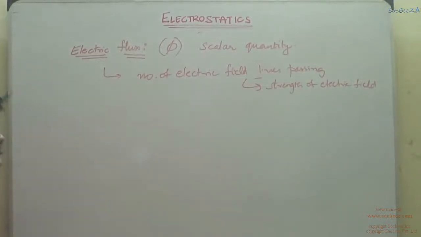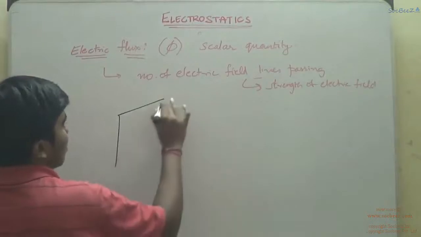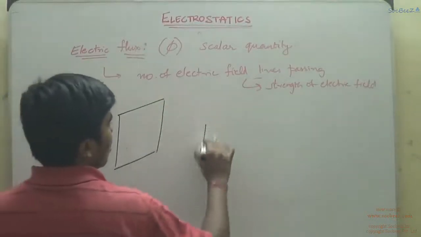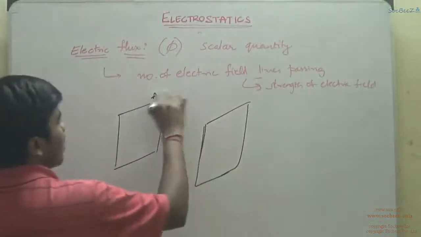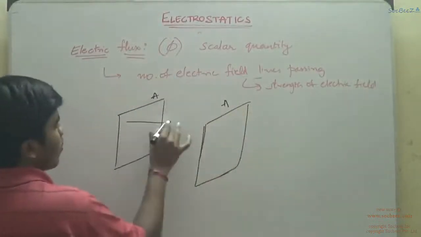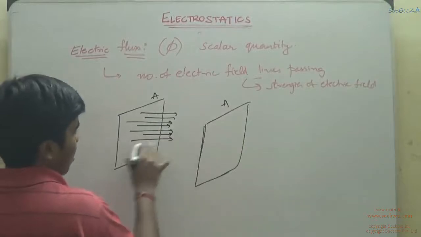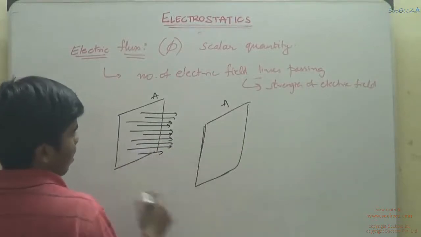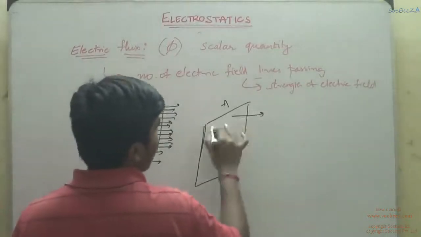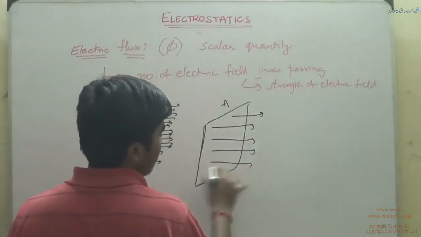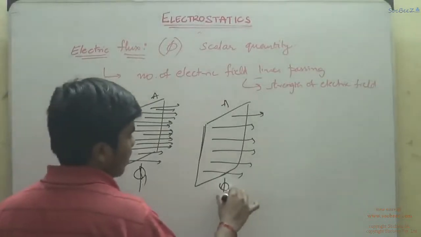So consider surfaces of the same area. Let this area be A and this also be A. If these are the electric lines passing through this surface and these are the electric lines passing through this surface, let the flux here be phi 1 and the flux here be phi 2.